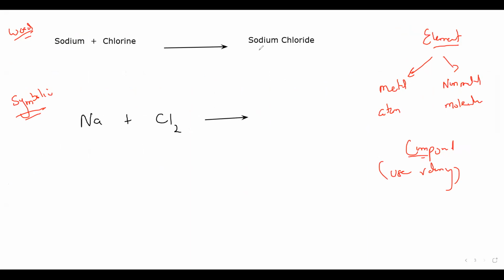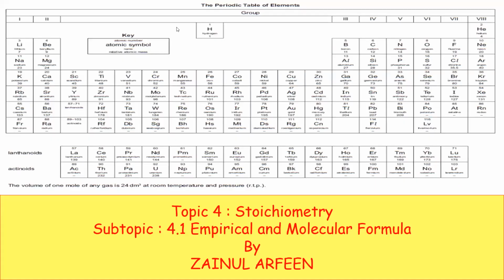Sodium chloride is a compound. Don't think that sodium is a metal so you will write Na, and chlorine is a non-metal so you will write Cl2. That's wrong, because this is not the way to write the formula of a compound. For a compound, we use the valencies. The formula for sodium chloride will be NaCl. And how will it be NaCl? Sodium belongs to group 1, so valency is +1.